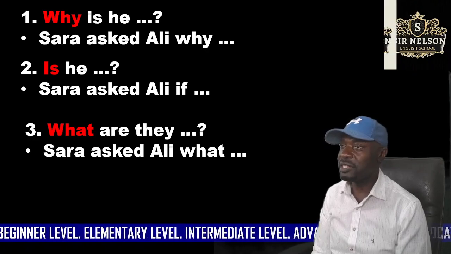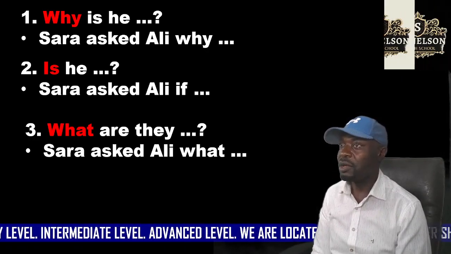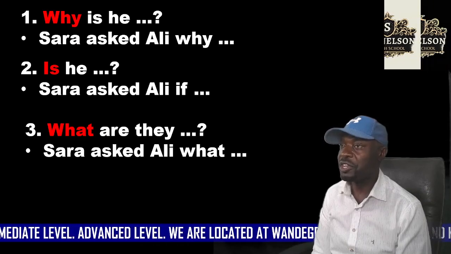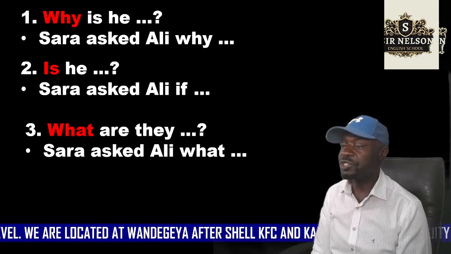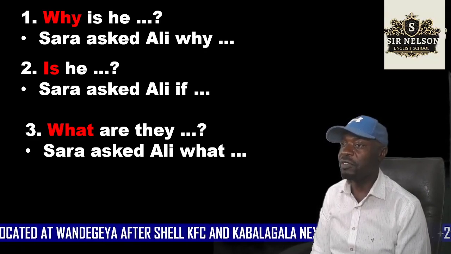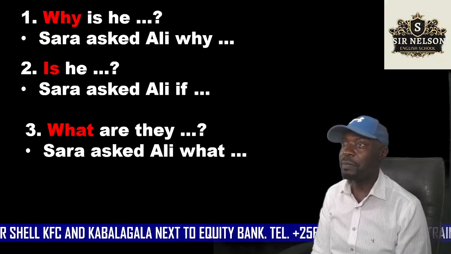If a sentence begins with a helping verb, that is also a question. We have two types of questions: questions that begin with WH and questions that begin with a helping verb. The word in number 2 is a helping verb.